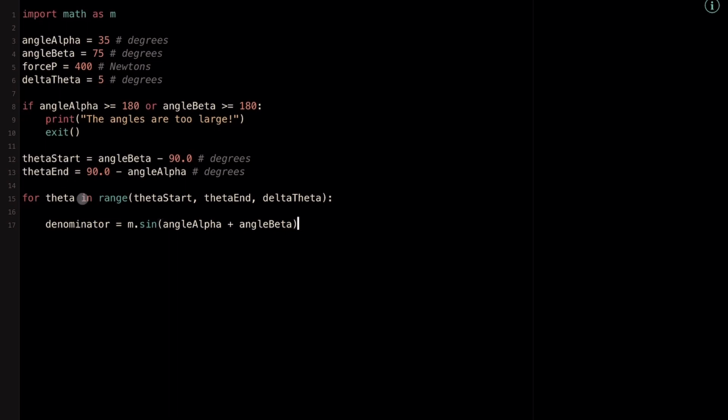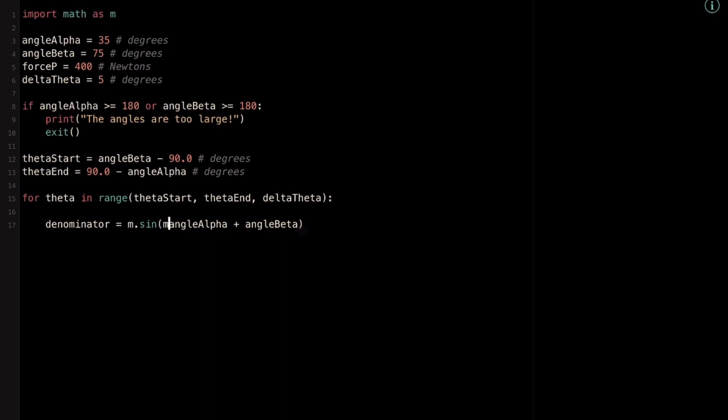But you also probably remember me emphasizing that all these degree values, the angle alpha and beta, are in degrees. When we use the sine function, at least in Python, sine expects the arguments you pass in to be in radian values. So what we need to do here is convert angle alpha and angle beta into radian values. The way we can do that is with the math library.